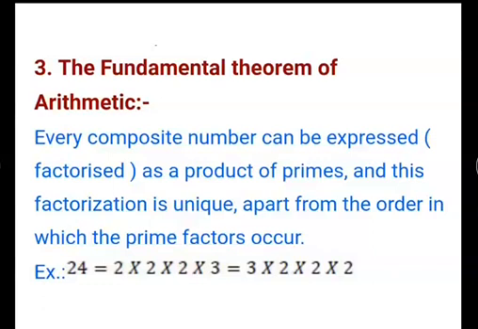We cannot use any other prime number in the factorization of 24. We always write 2 three times and 3 one time in the prime factorization of 24. This property is known as the uniqueness property. Okay.